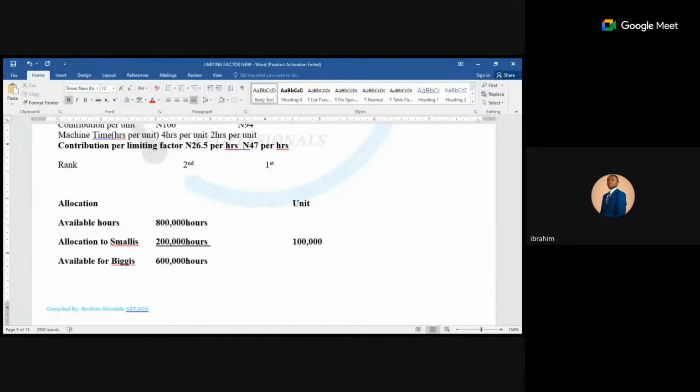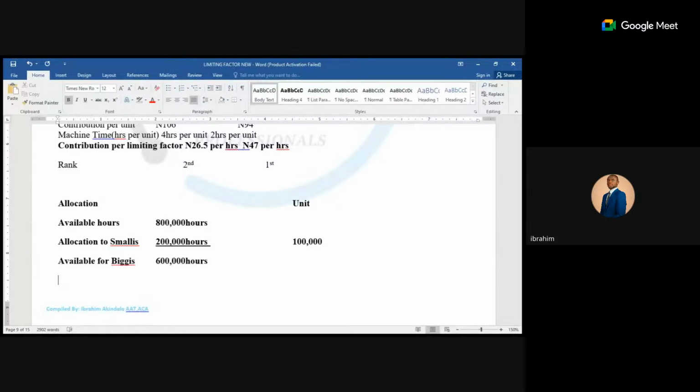It is in biggies because we've used up everything for smallies to produce 100,000 units. Biggies now cannot produce the whole 200,000 units, we don't have enough capacity. You can see there is a scarce resource there for biggies.